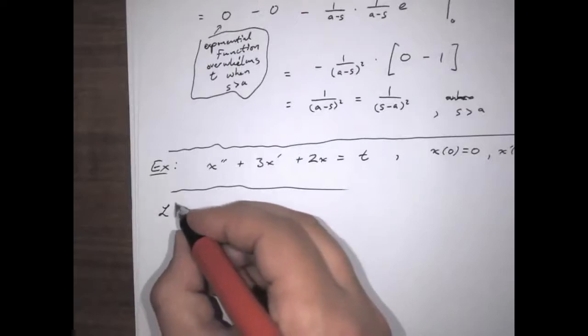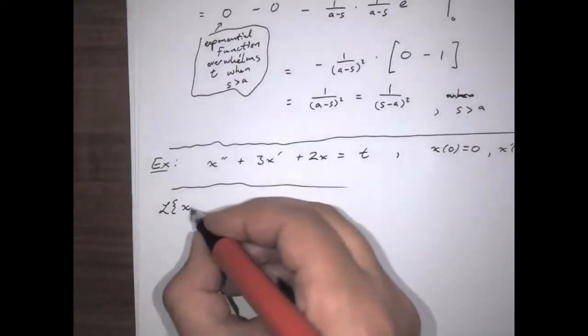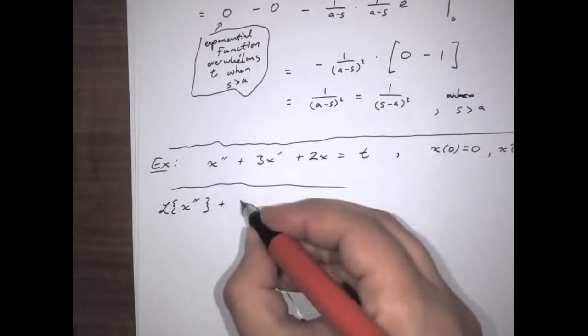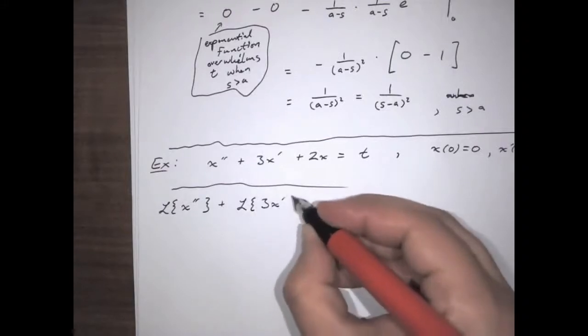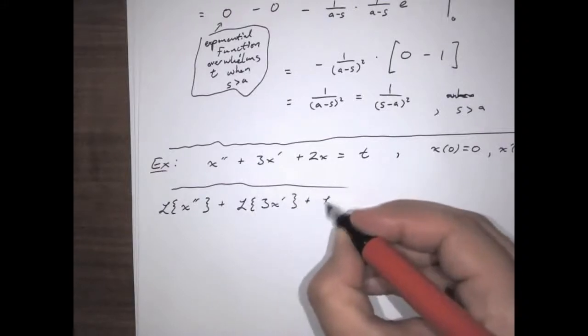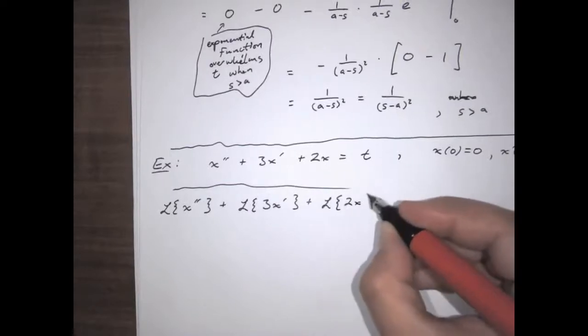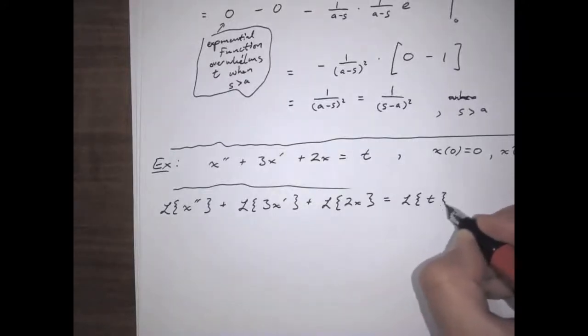Alright, well, we go to the Laplace transform here, so the Laplace transform of x double prime plus Laplace transform of 3x prime plus Laplace transform of 2x equals the Laplace transform of t.